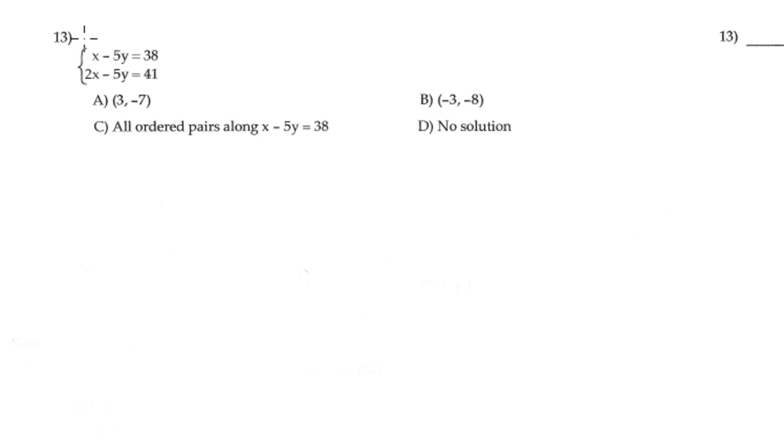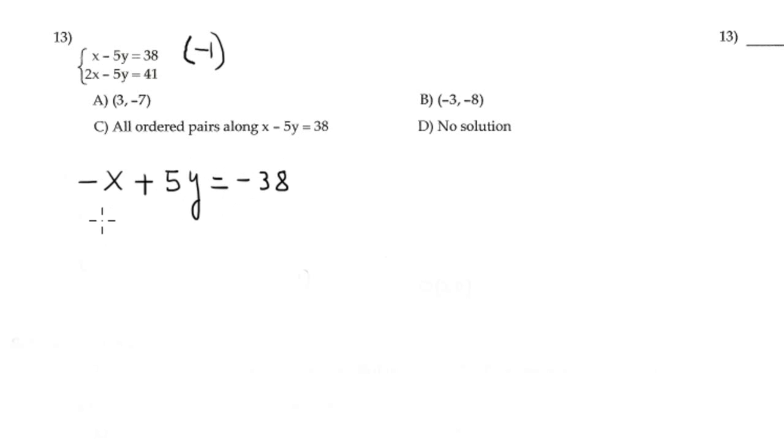Okay, 13. In 13, I propose multiplying equation number 1 by negative 1, because I need positive 5y and the second is negative. So it's negative 1 multiplied by the entire equation: minus x plus 5y is equal to minus 38.